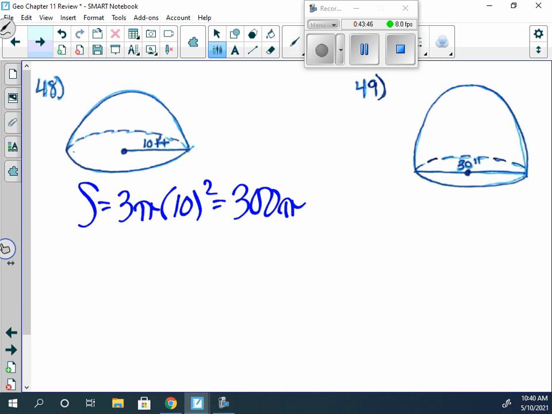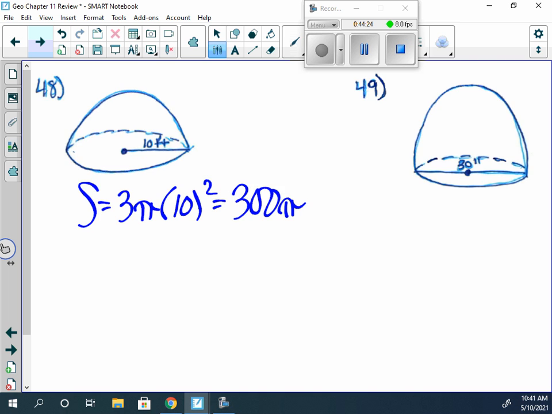And for this one here, we would just get 300 pi. Any questions, guys? Any questions on any of these surface areas?